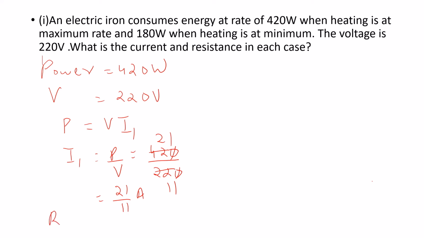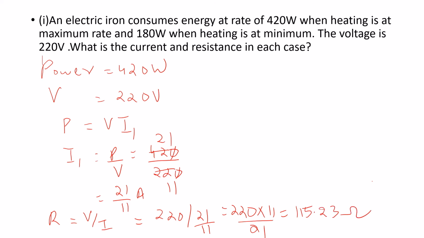Resistance R equal to, we know that V equal to IR, so R equal to V by I, and V is 220 divided by the current, 21 by 11. So it will be 220 into 11 by 21, and when you simplify you will get 115.23 ohm. So this is the first case, that means when heating is at maximum rate.